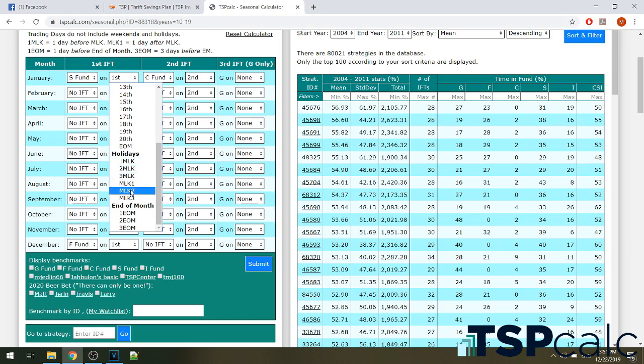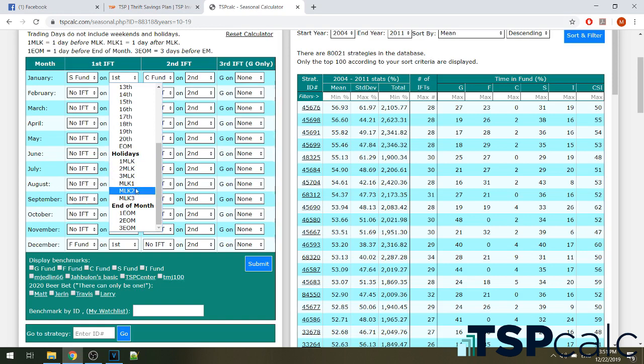And I added these functions in just because holidays tend to have an impact on the stock market. So, this is just a way for you to trade one day before Martin Luther King Day, or 2 trading days before Martin Luther King Day, or 3 days before Martin Luther King Day. Basically, these 6 handles exist so that you can study the seasonal impact that holidays have.